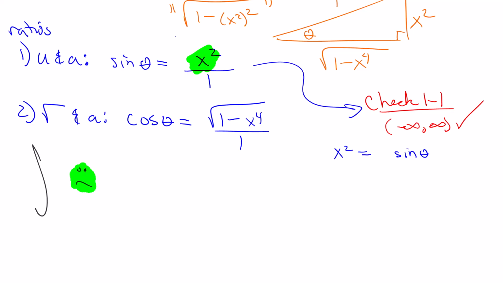So we're going to take the derivative with respect to theta of both sides: d over d theta of x squared on the left side and d over d theta of sine theta on the right side. In doing this, we're basically supposing that x is some function of theta, and you could treat this as implicit differentiation.